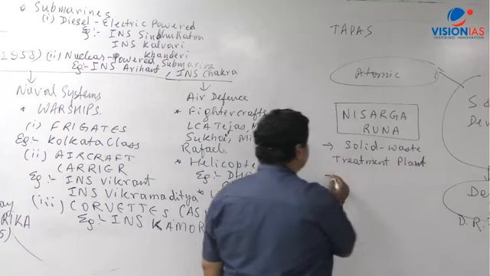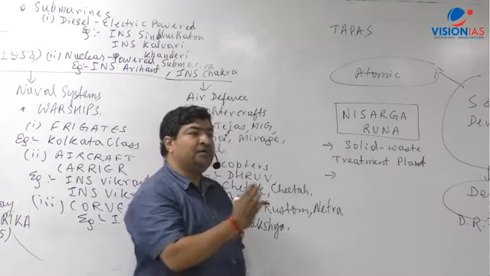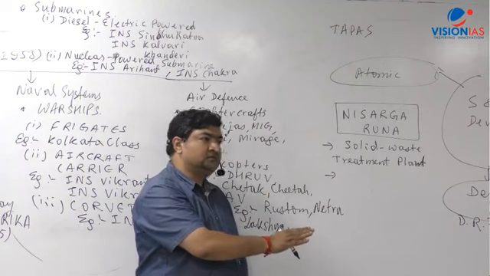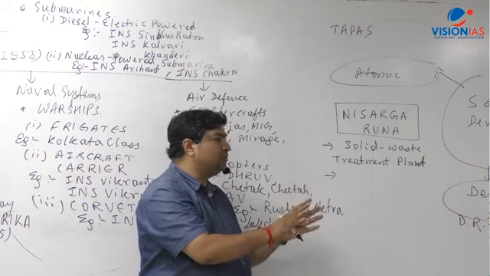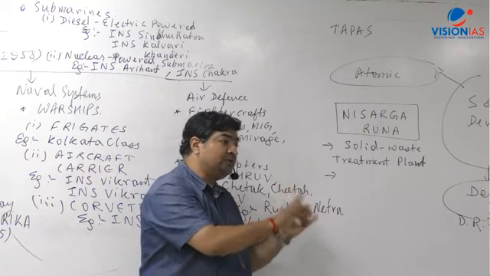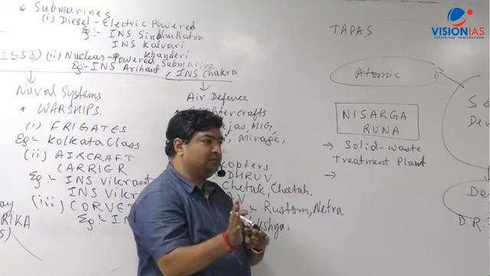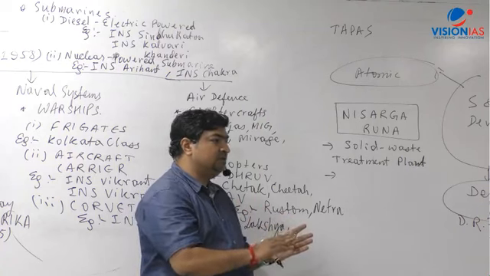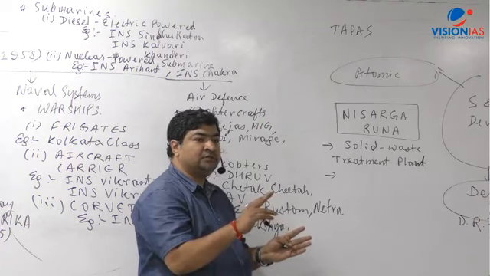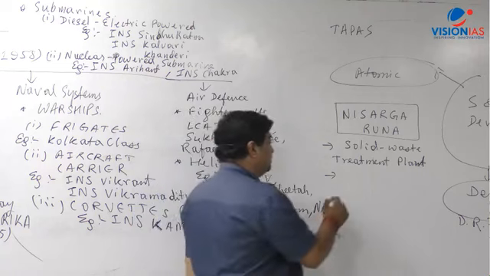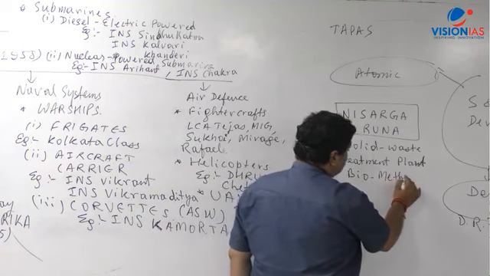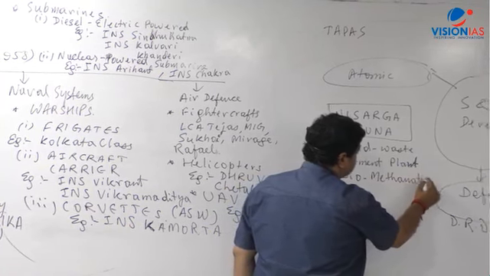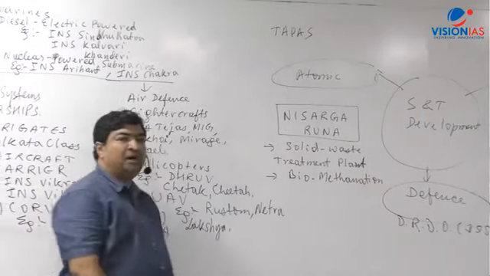It is an environment-friendly technology which can take care of solid waste, like paper waste and other biodegradable waste, not non-biodegradable. What is unique about it is that it generates methane gas, biomethanation. BARC has developed this technology.